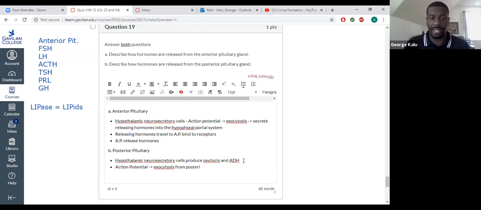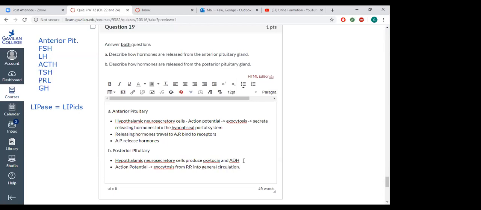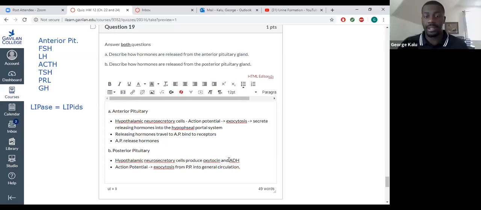Exocytosis from the, I'll just put PP for posterior pituitary, and into the general circulation. So the posterior pituitary gland does not produce oxytocin and ADH, right? It doesn't produce it. Right. So the posterior pituitary does not produce any hormones.